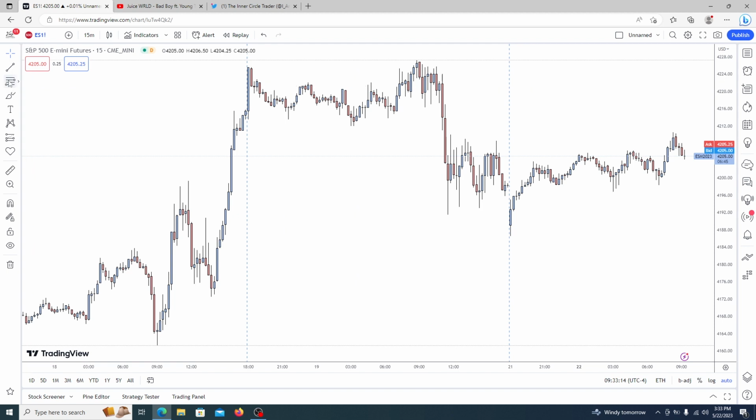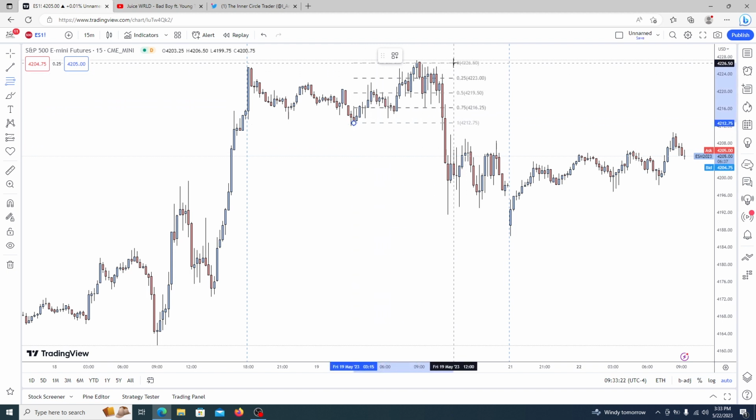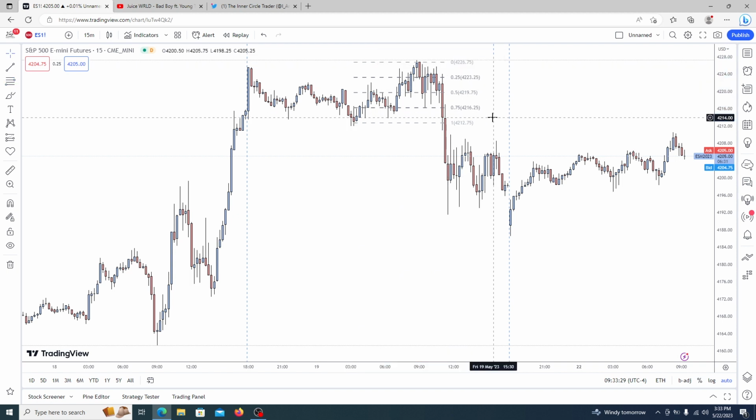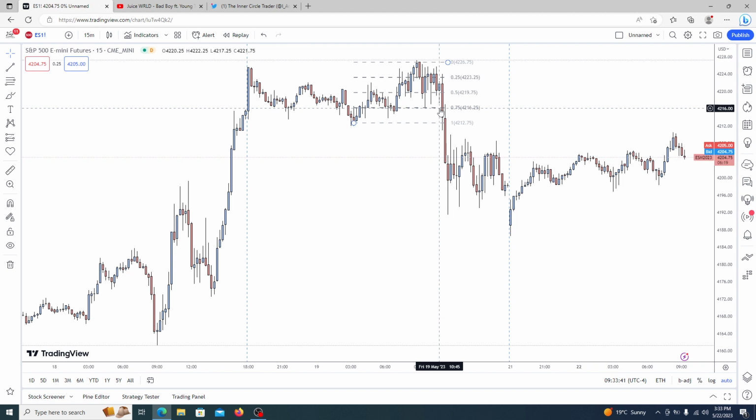So in this example, let's go ahead and take the FIB, and let's apply the FIB from high to low, and let's extend that FIB. So let's say I was bullish, hypothetically speaking, and I was expecting price to come back and give me a long at the 75%, and I was looking to buy.